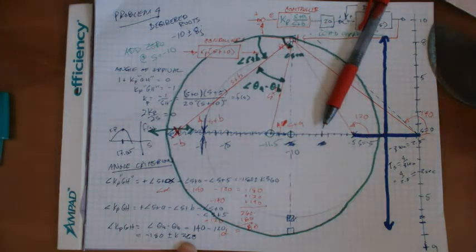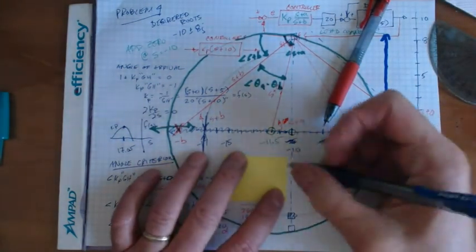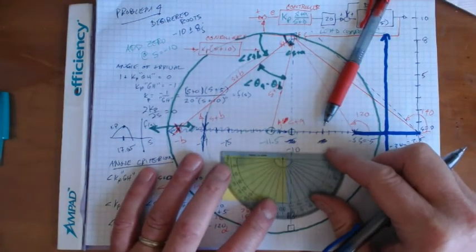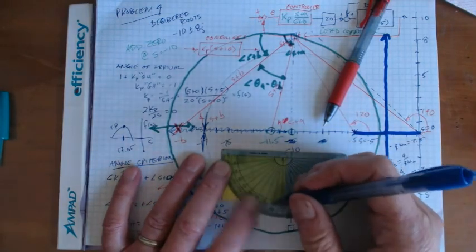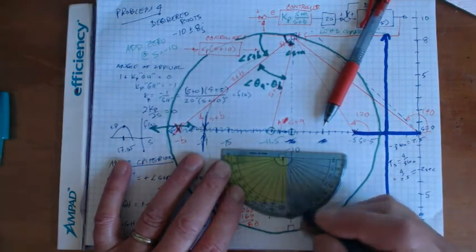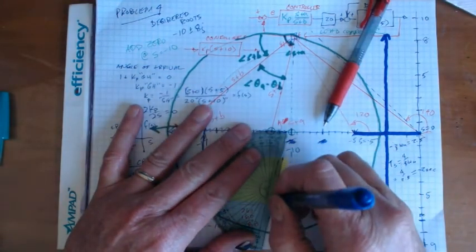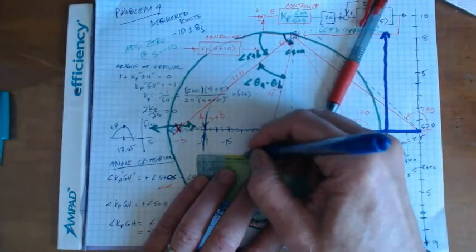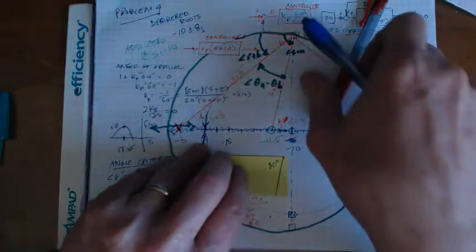So I'm going to get a piece of paper here, and I'm going to mark my 0 spot right here, and I'm going to mark 80 degrees. I'm going to have to do it off here. So here's 80 degrees, from here along here.